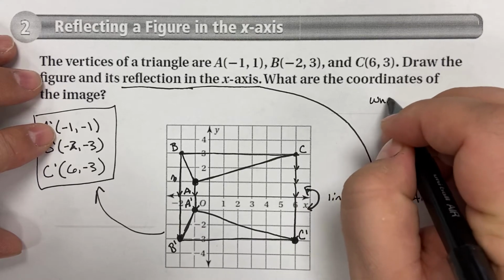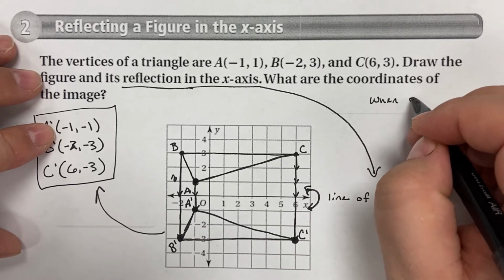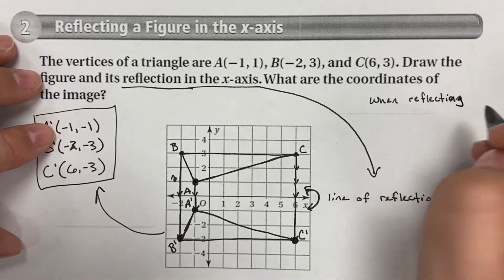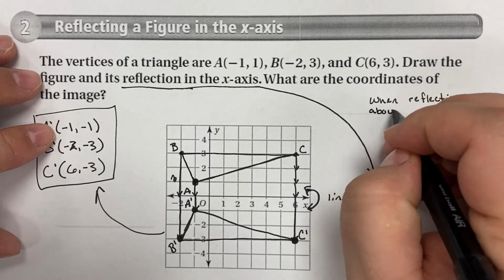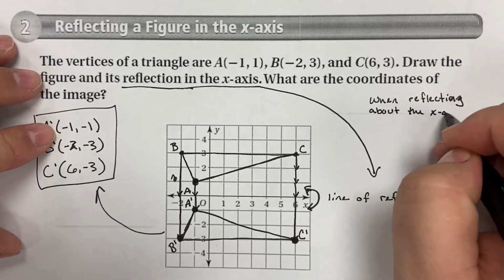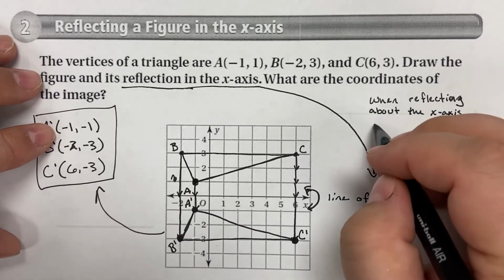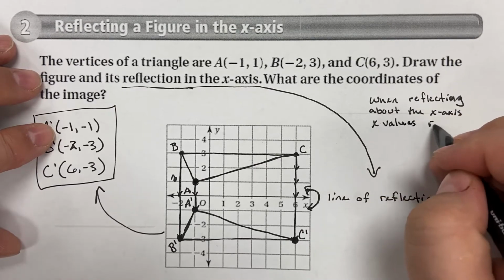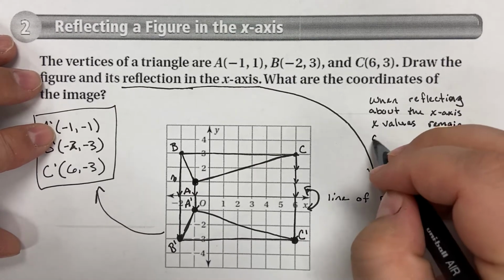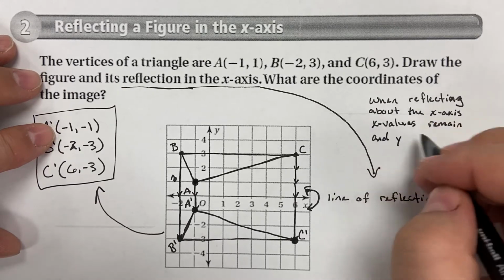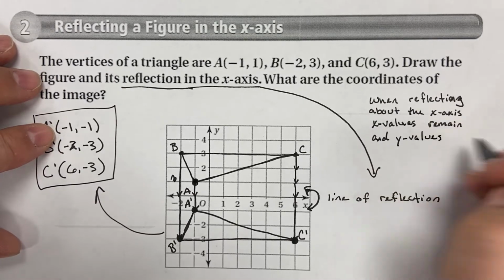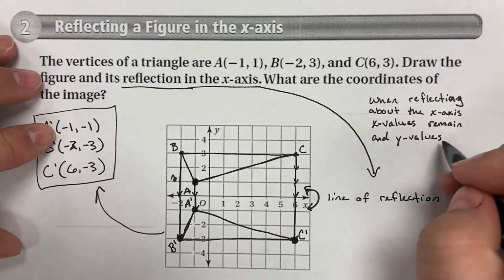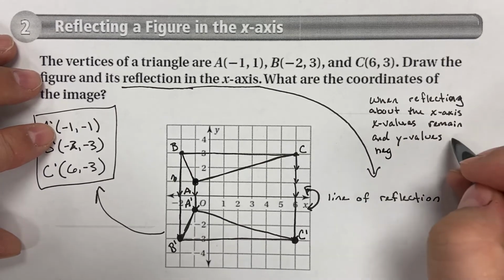So when we're reflecting about the x-axis, x values remain and y values become negative.